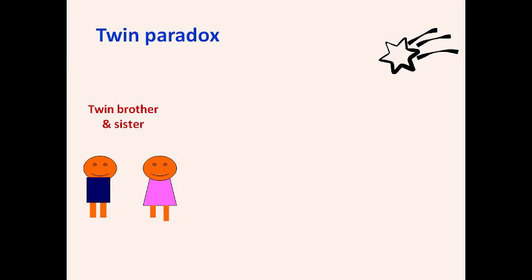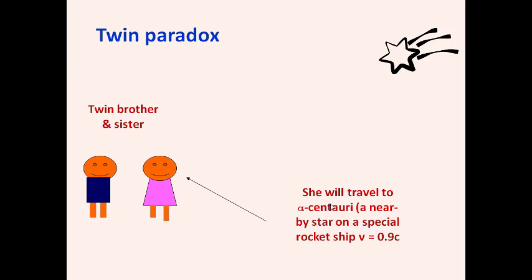Think about an example. We have a twin brother and sister, so they have the same age. We allow the girl to travel to Alpha Centauri, the nearest star to our solar system. As per calculations, it takes at least 4.3 years to reach Alpha Centauri if we use a space rocket with a velocity of 0.9c, otherwise said, 90% of the velocity of light.